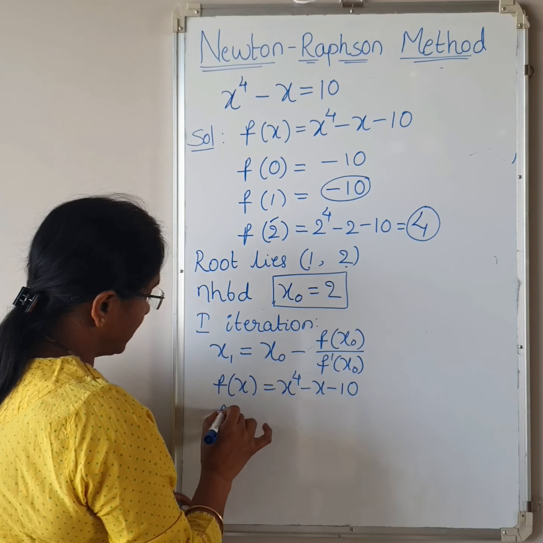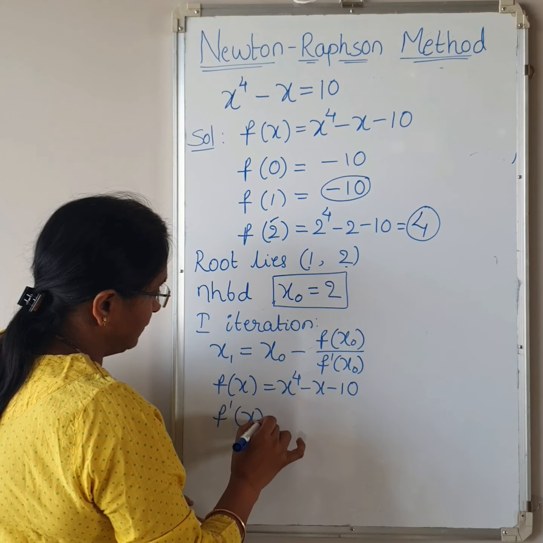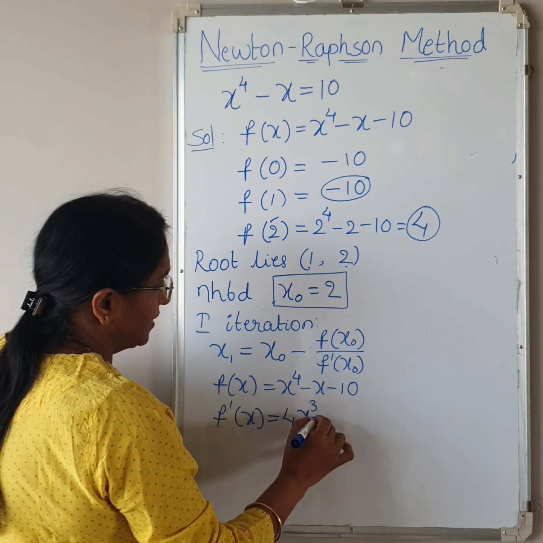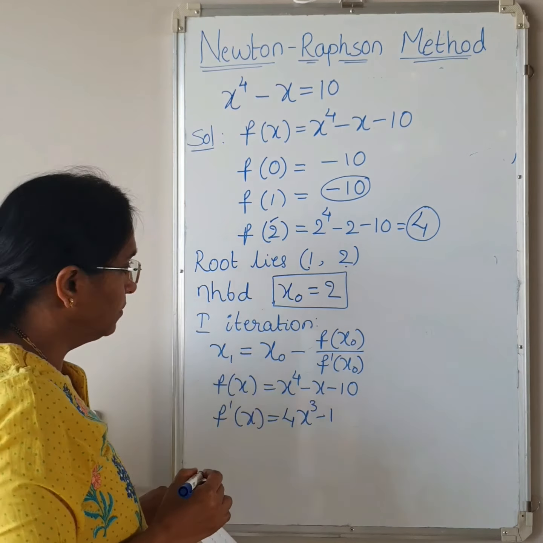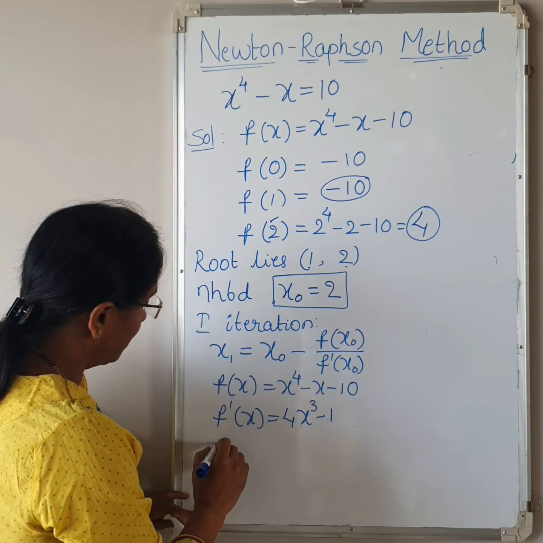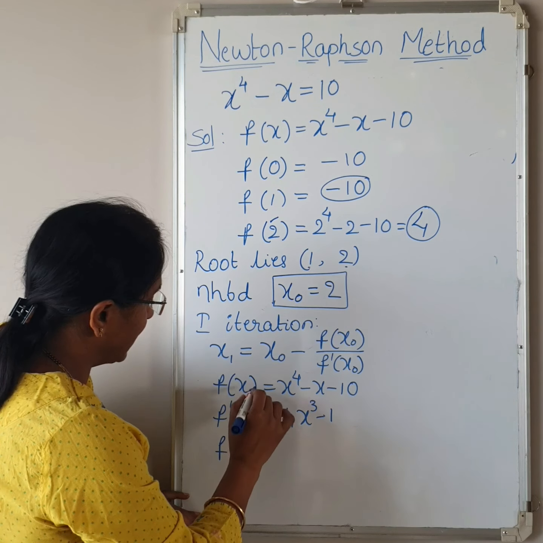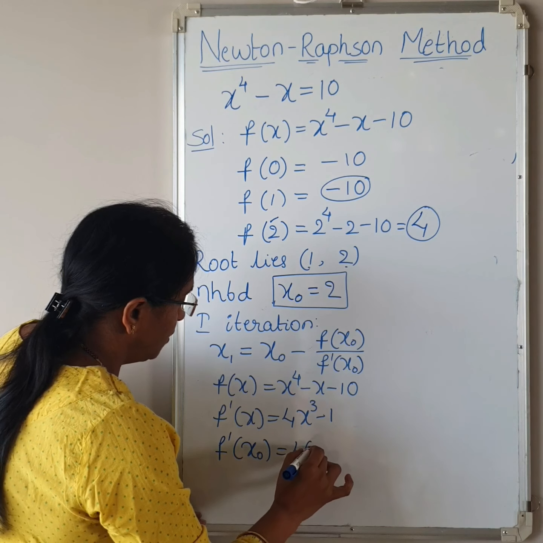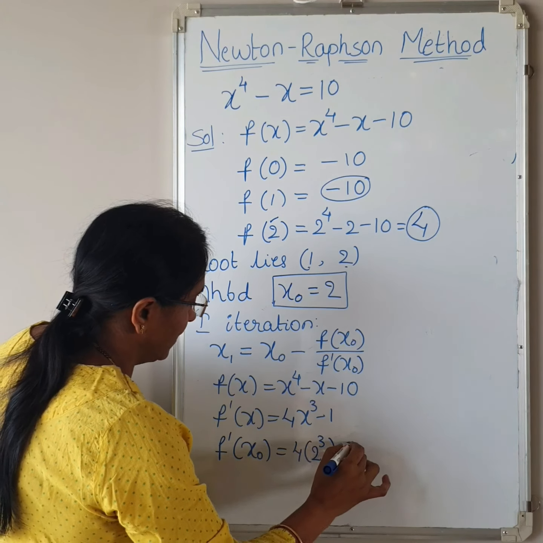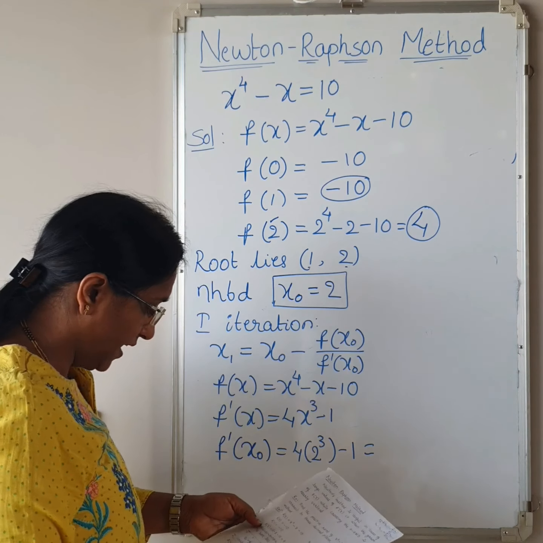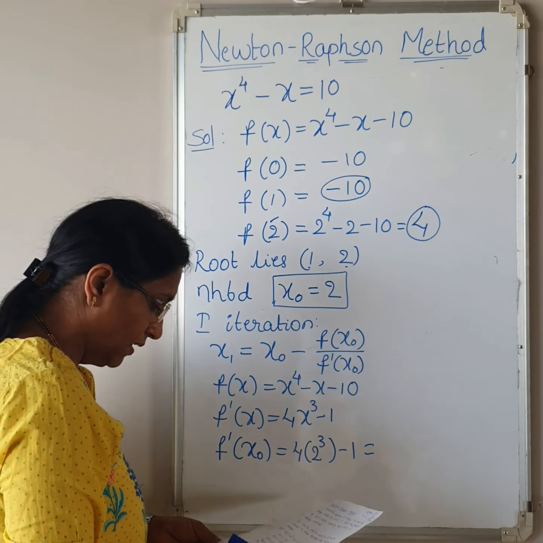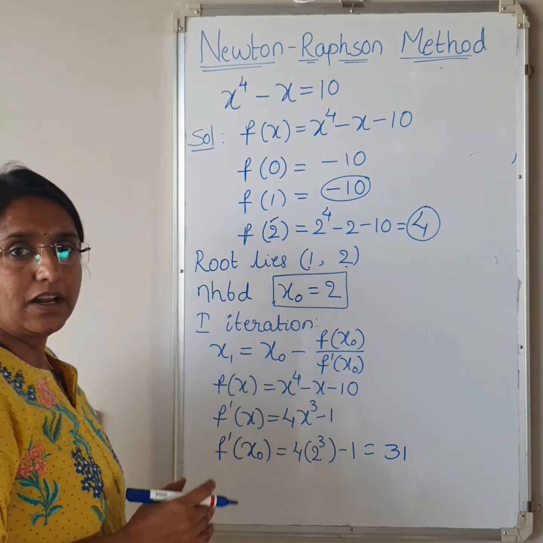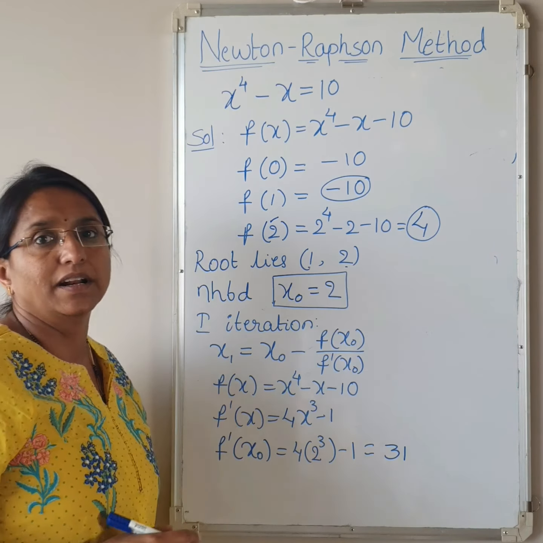So f dash x is a simple differentiation, 4x cube minus 1. Now we will find f dash x0. x0 is 2, so 4 into 2 cube minus 1. Its answer is f dash x0 is 31. You also calculate with me so that you will understand easily.